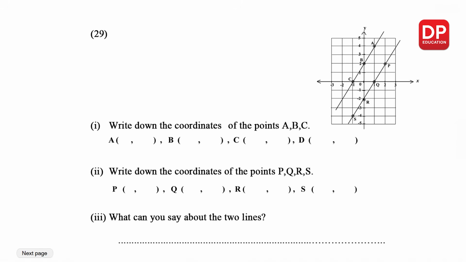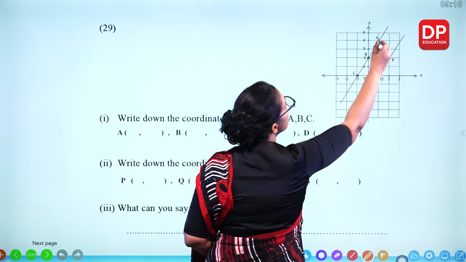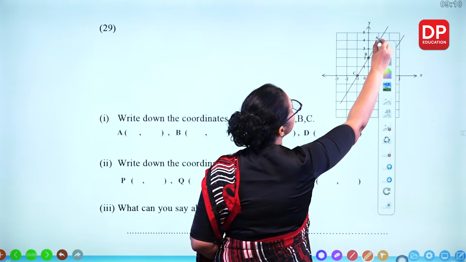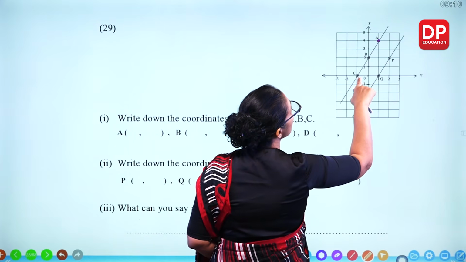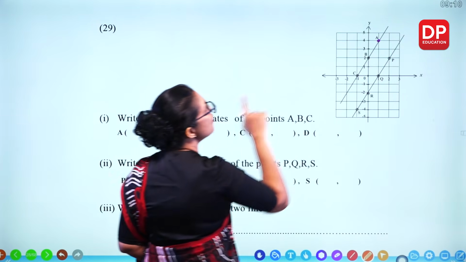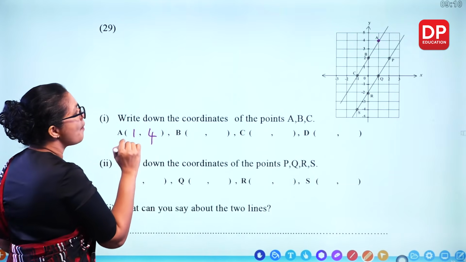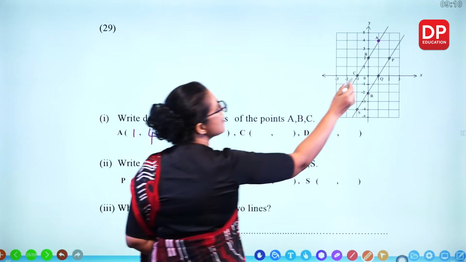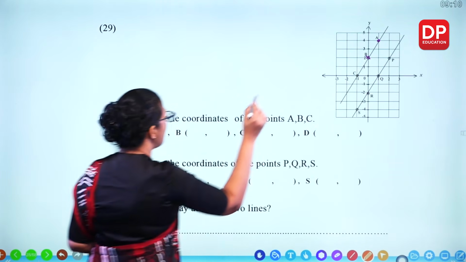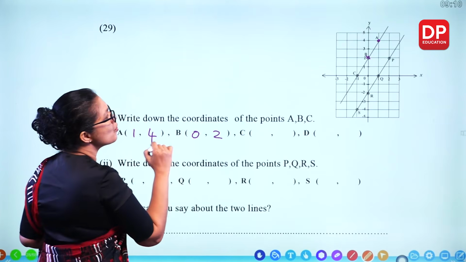You have given a graph. Write down the coordinates of the points A, B, C. A is here. 1 to the right and 4 up. (1, 4). B, 0 and 2 up. (0, 2).